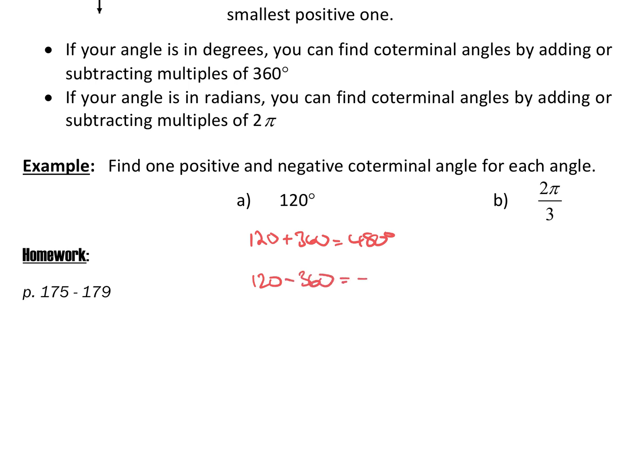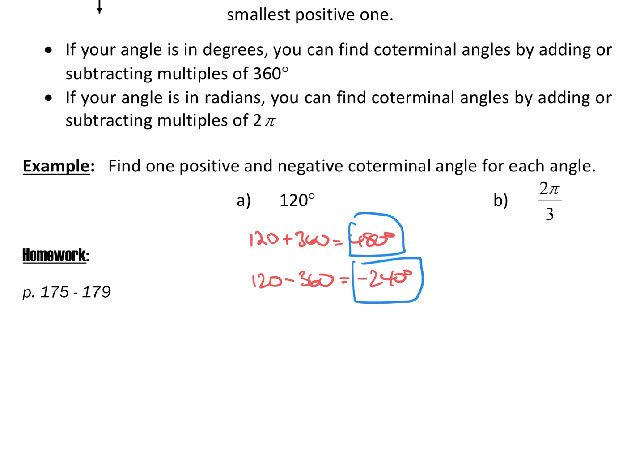Negative 240. Yes. If this didn't give us a negative answer, then we would have to keep subtracting 360 until we got a negative answer. So the answer here is 480 and negative 240.